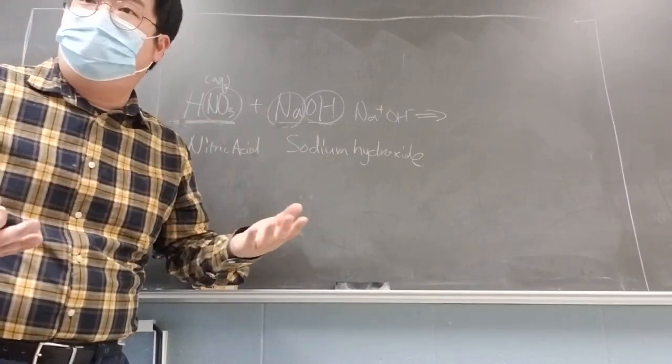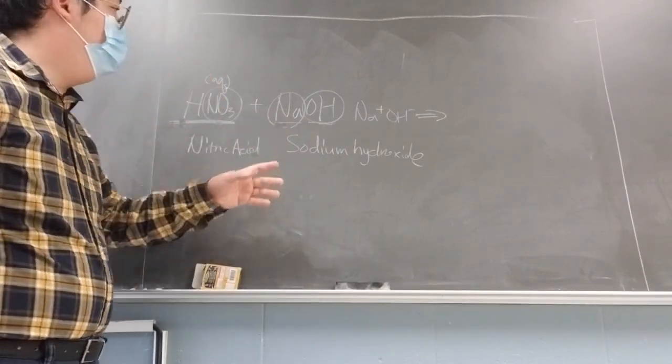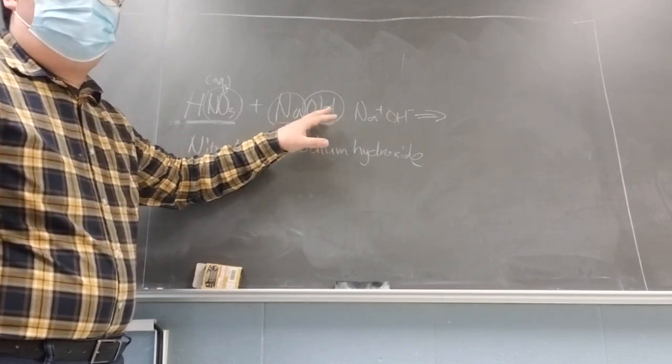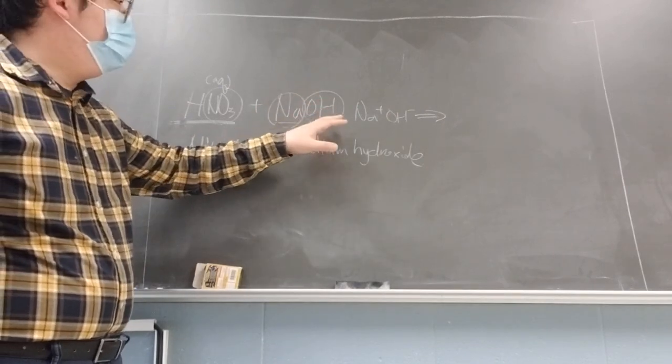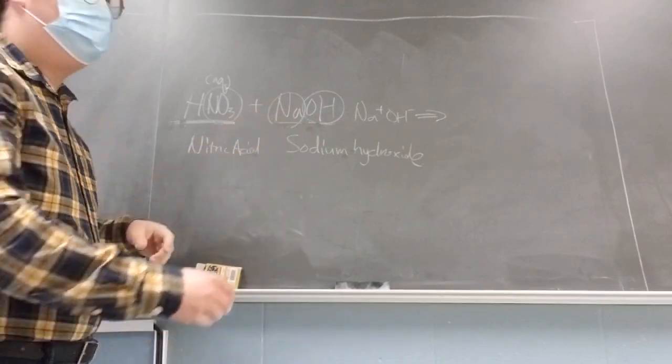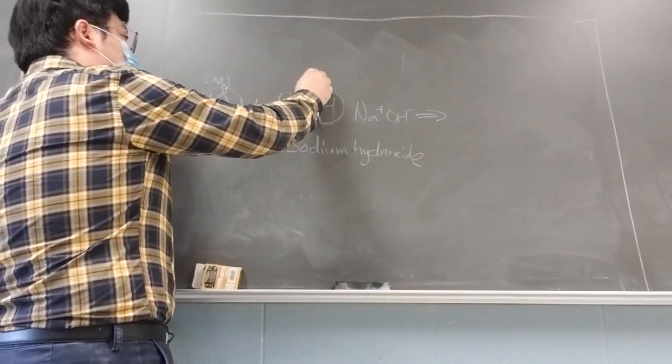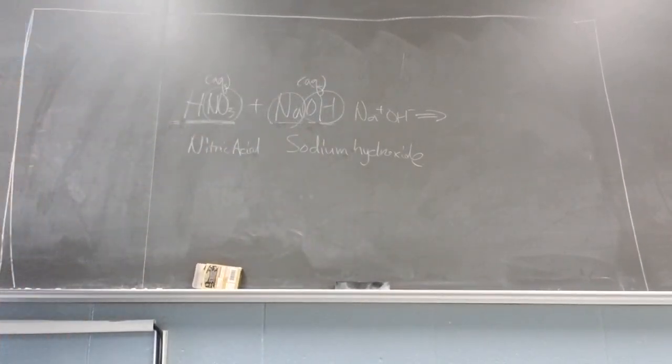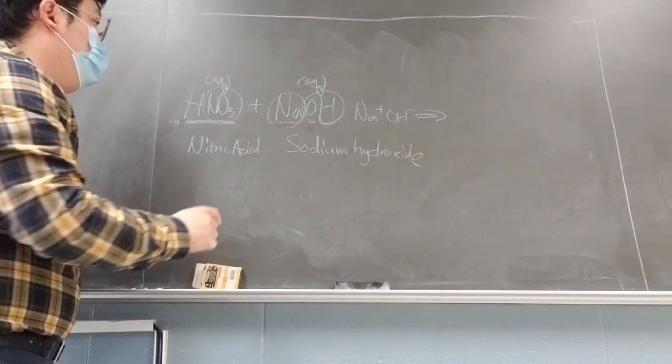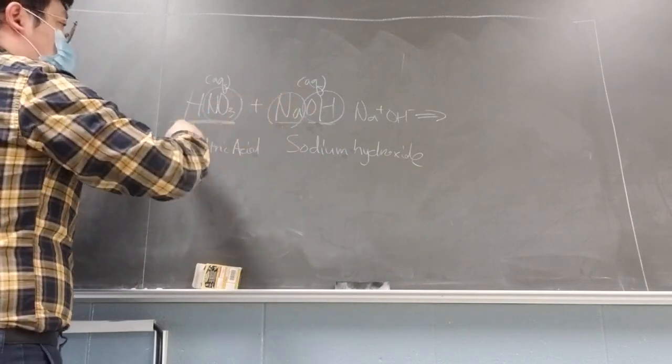There's no exception, it's always soluble in water. So even though you have a quite not water soluble anion, which is the hydroxide anion, it still will be soluble in water. Okay, so it will be aqueous too. So if this is the case, what happens to this one here is in the aqueous phase, they're actually in ion form.